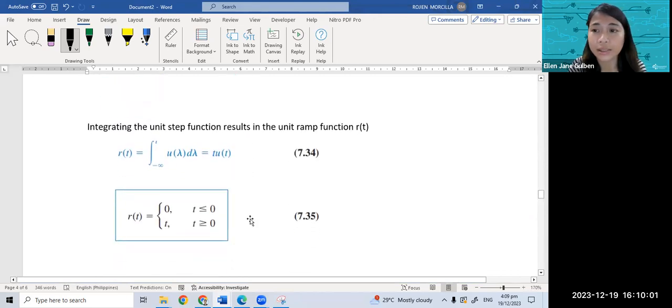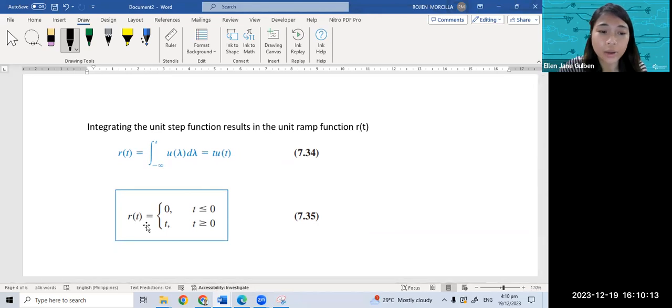Next singularity function is the ramp function. This is a linear function, r of t, r for ramp, where you get 0 for t less than 0, and t for t greater than 0.